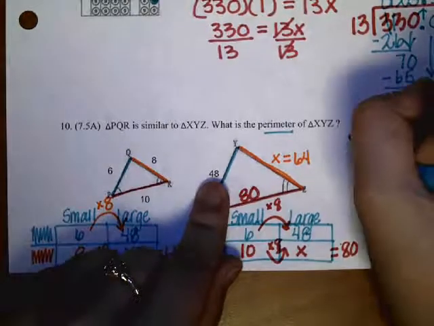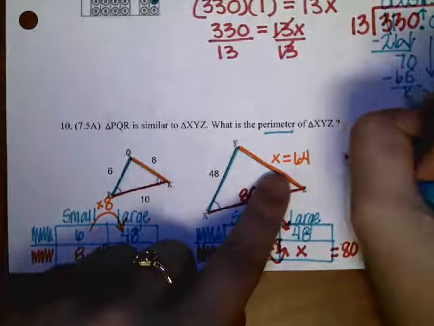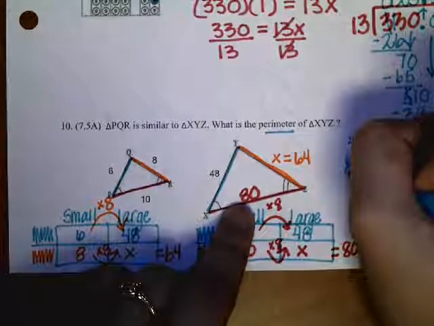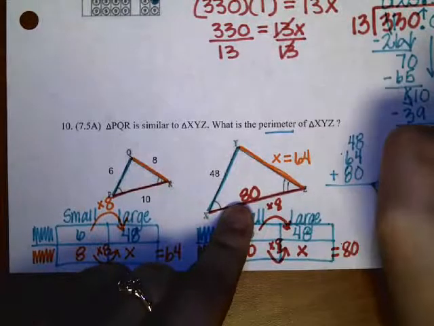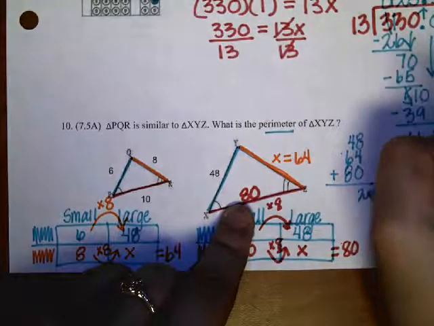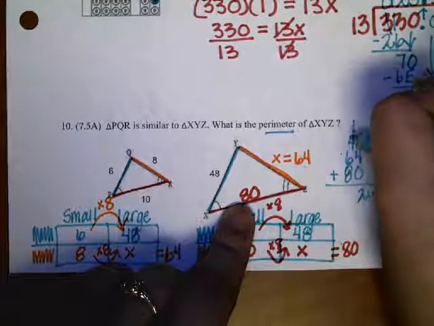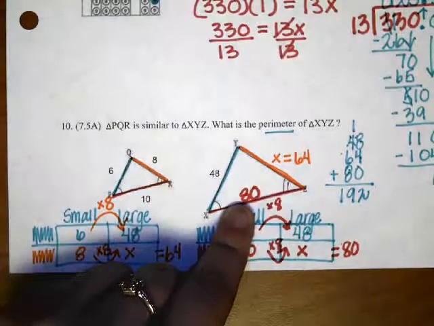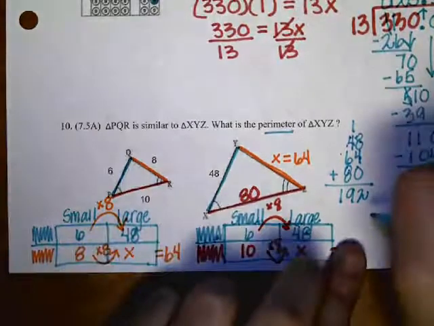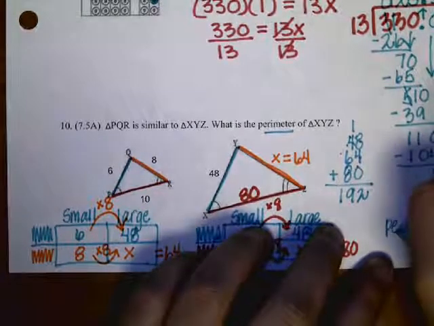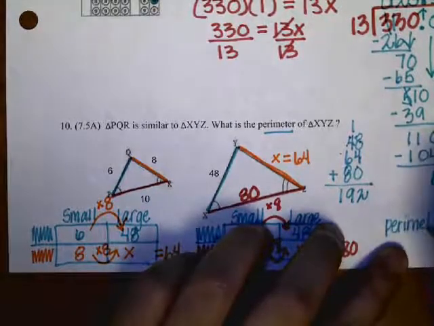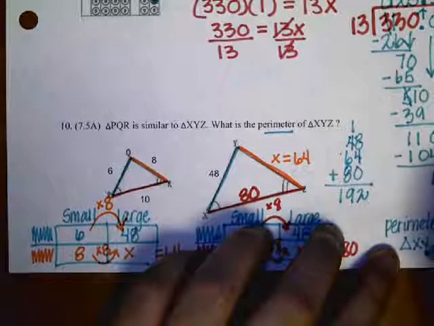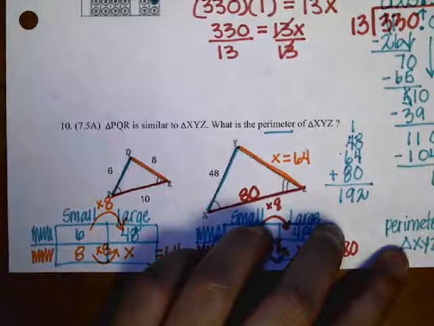I have 48, 64, and 80. 8 plus 4 is 12, carry your 1, 14, 15, 16, 17, 18, 19, and I get 192. Therefore, my perimeter of triangle XYZ equals 192.